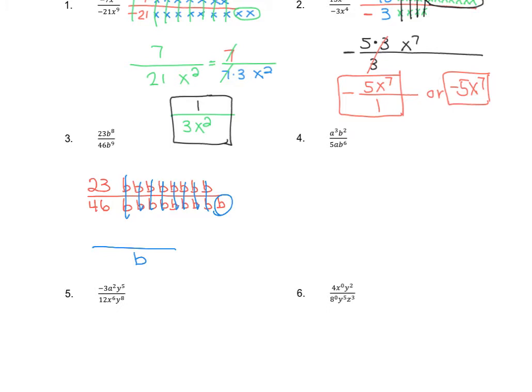So 46, if I cut that in half, I get that 23. So on the bottom, I'm going to do 23 times 2. And on the top, I'm just going to leave 23 alone.